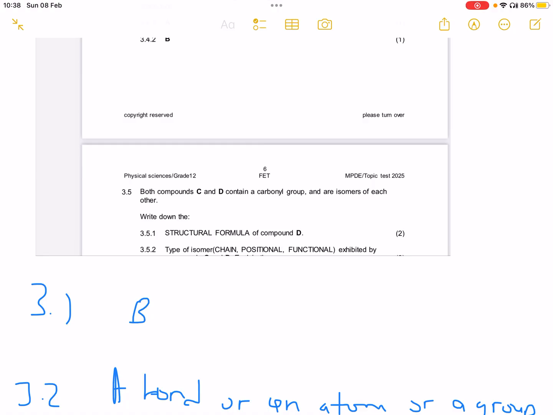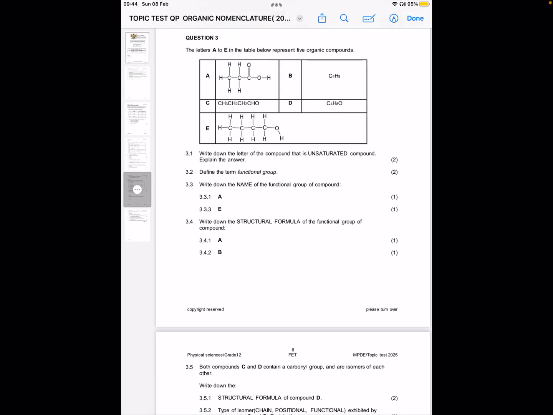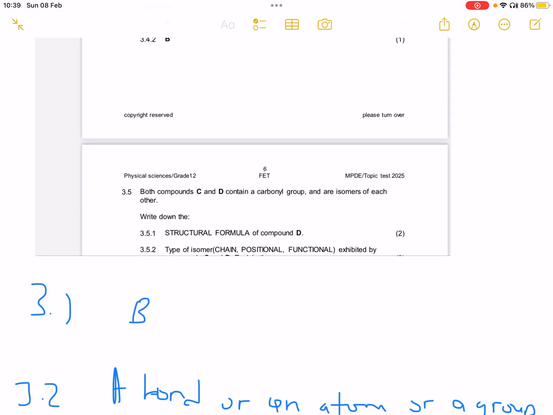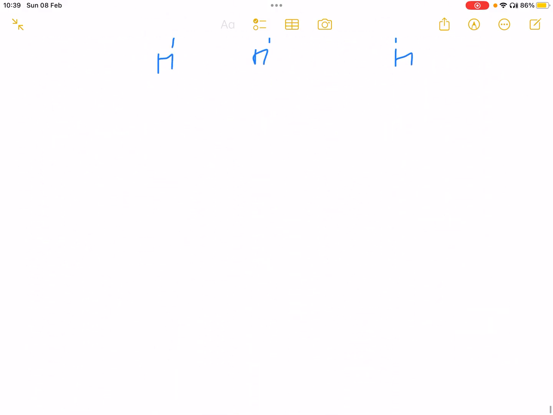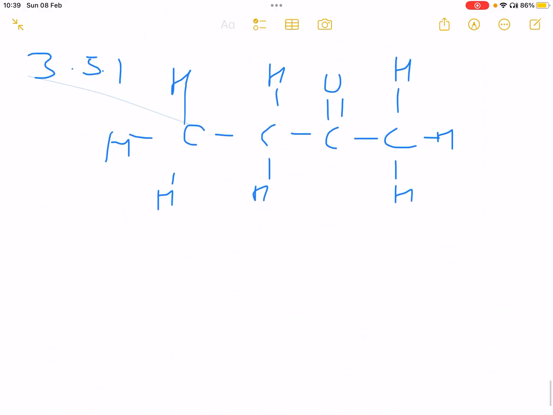What isomer did they look for? The type of isomer that I showed would be a functional isomer. And why is that? 3.5.2. Why would I choose functional isomer of all the isomers there?